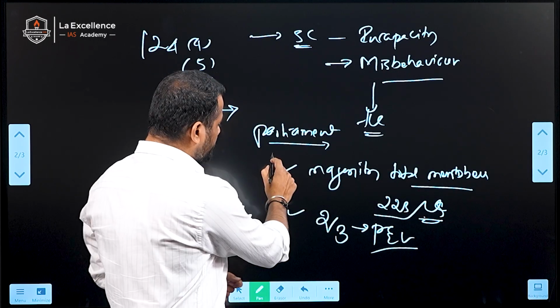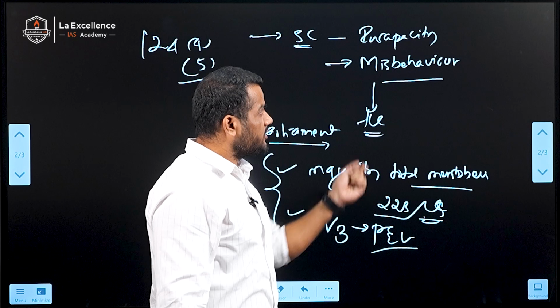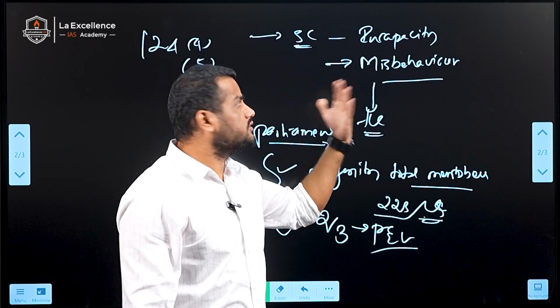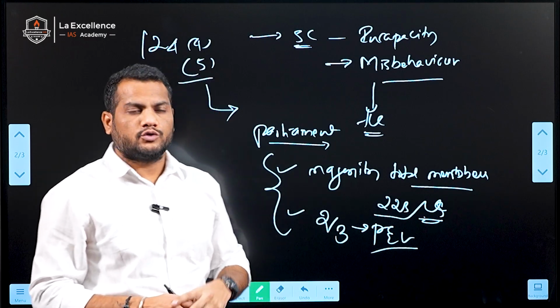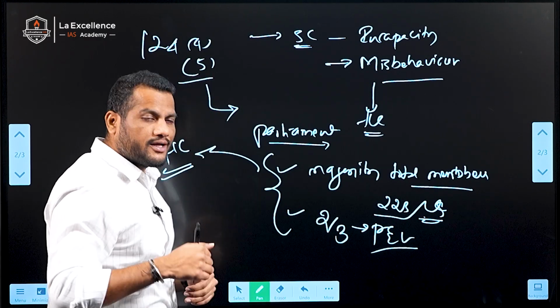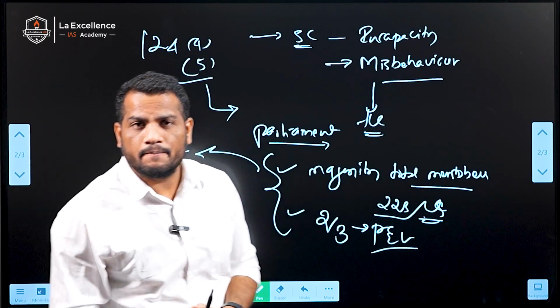So this becomes a special majority. If both houses of the Parliament pass the resolution for the removal of the Supreme Court judge with a special majority, then the President removes the Supreme Court judge. This procedure is also applicable to a High Court judge under Article 218 and Article 124 subclause 4 and 5.